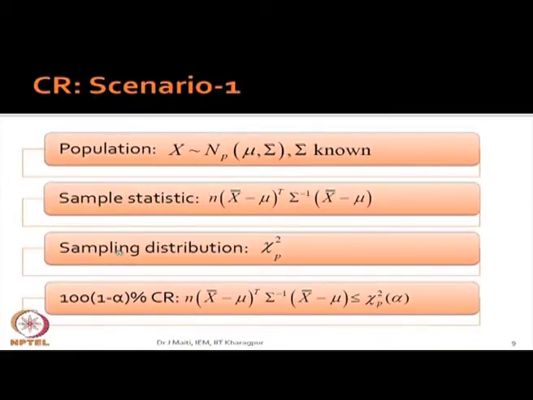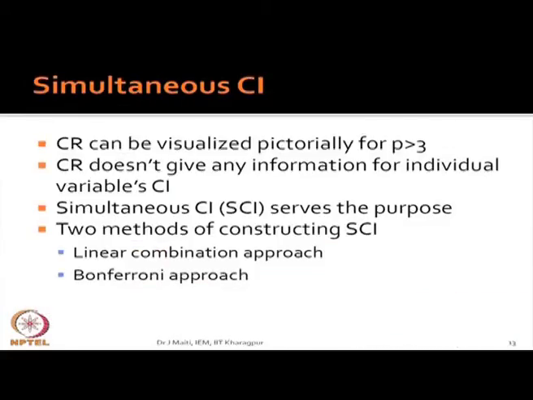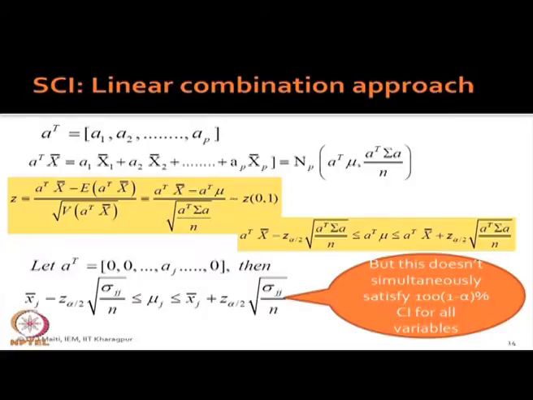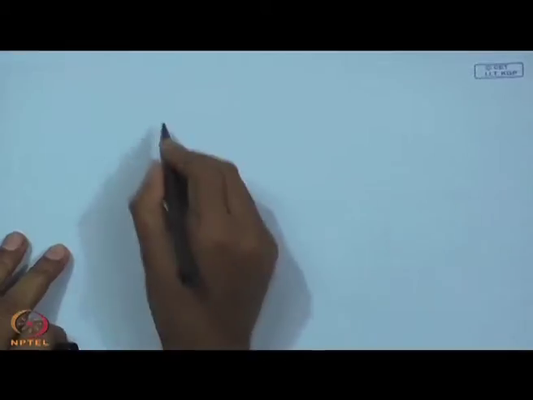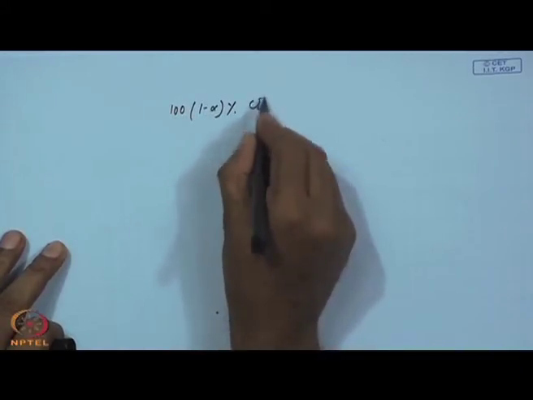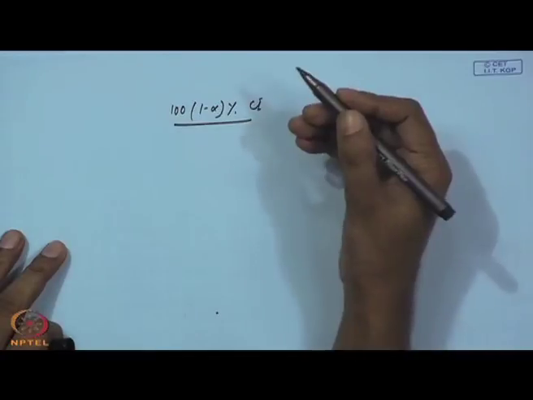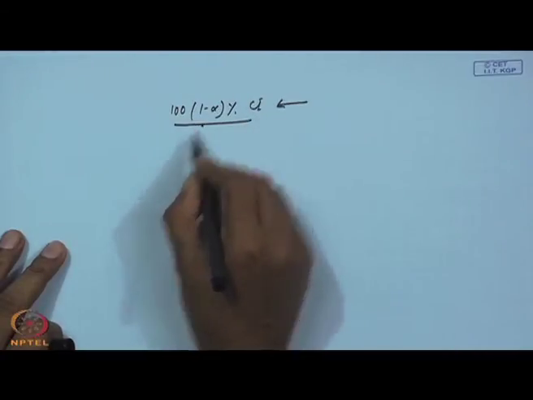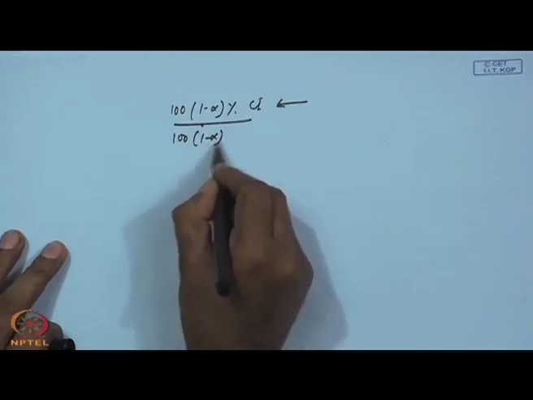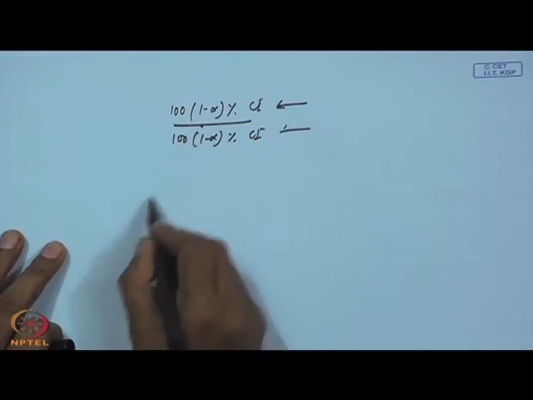If I go by this method, what will happen ultimately? Your problem lies here. Suppose you want a 100 into 1 minus alpha percent confidence interval. When there is one variable, you get it like this. When there are two variables, again you get this. Like this, if there are 10 variables, what will happen ultimately?